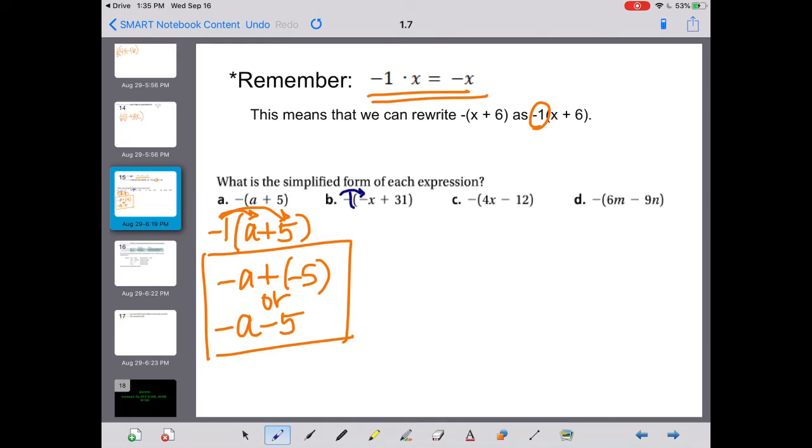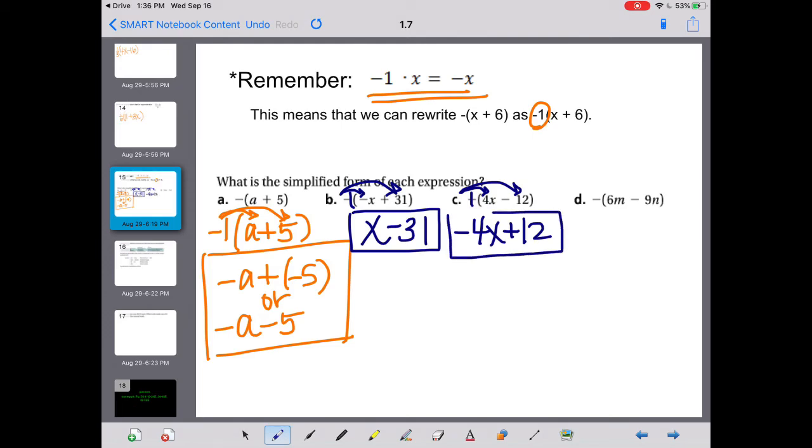Second one, same idea. If I do -1 times -1x, negative times negative just gives us a positive, and a -1 times 31 gives me a -31. Sharing my -1 here, -1 times 4x gives me -4x, minus a -1 times 12 gives me -12.